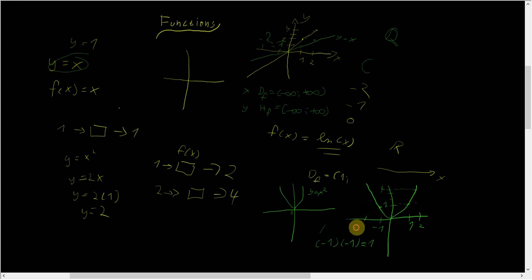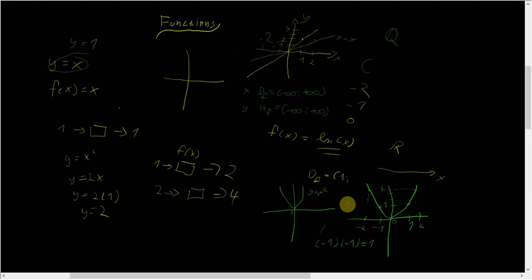And if I input -2, again -2 squared, -2 times -2 is 4. So I get the same y value for the same value of x, but with a minus sign. So on the other side, you could say, of the number line.